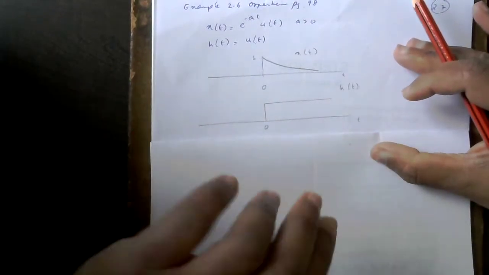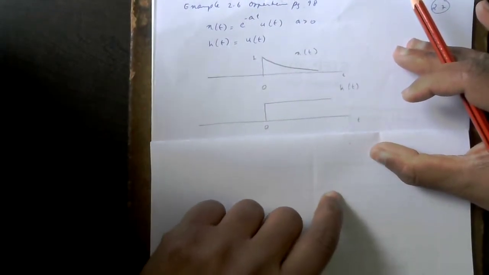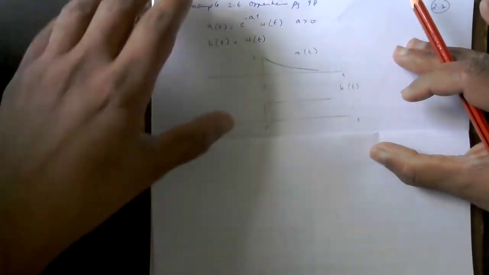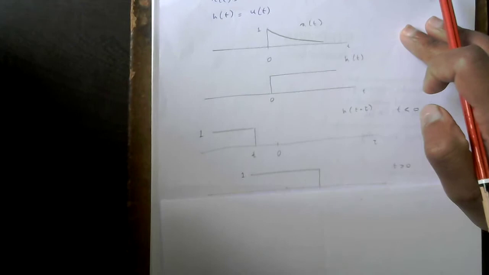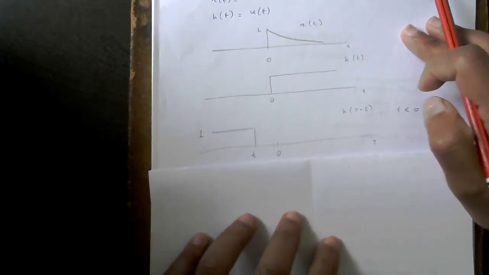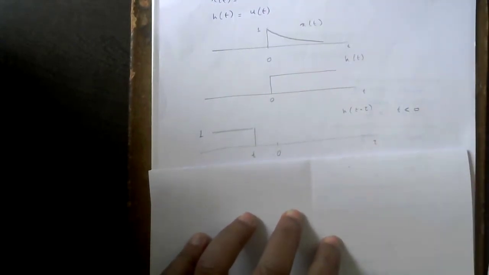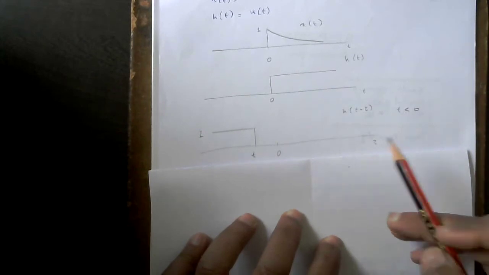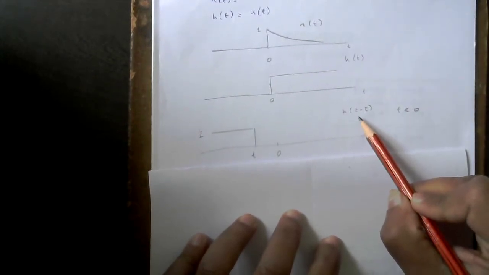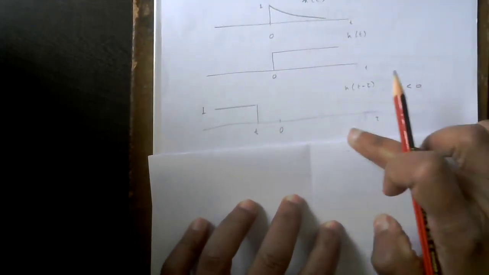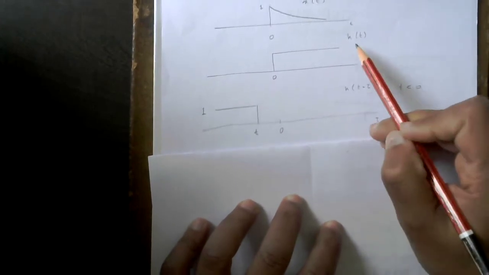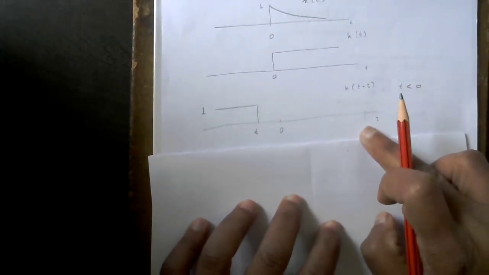Similar to how we did convolution in the discrete time case, the same logic applies here as well. We are given h of t. We flip it, just like we did in the discrete time case, and now we shift it as h of t minus tau.